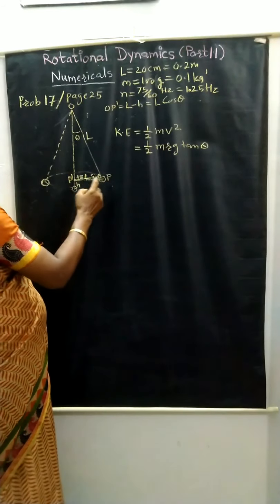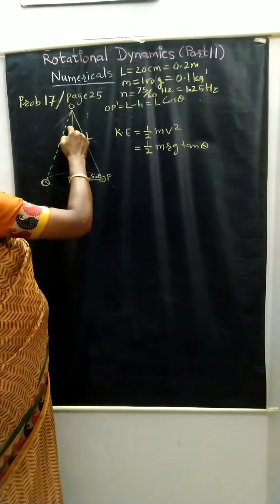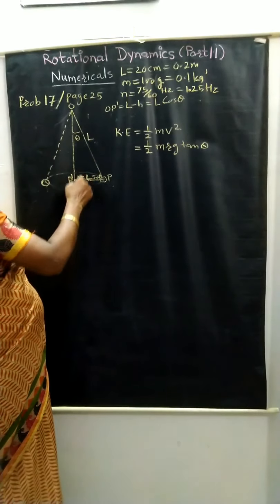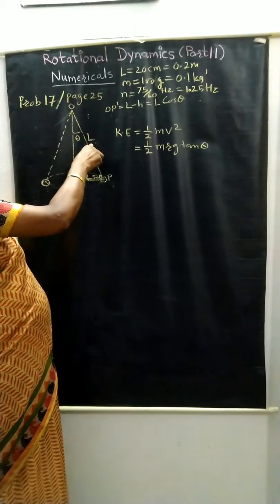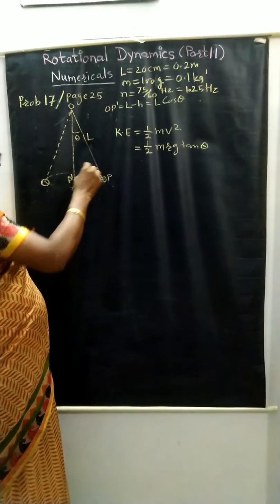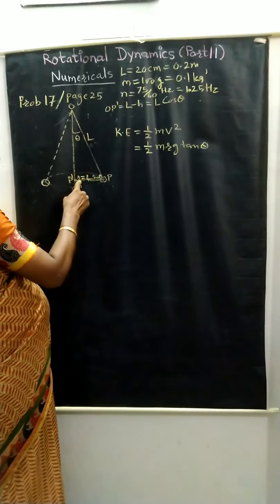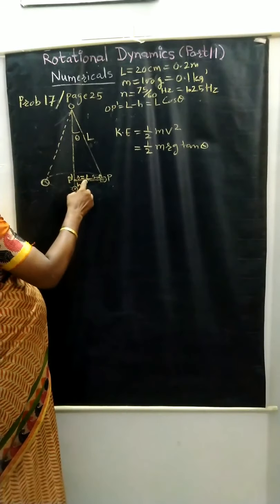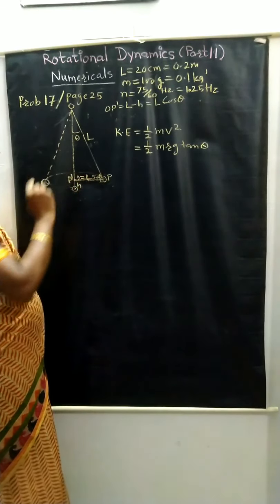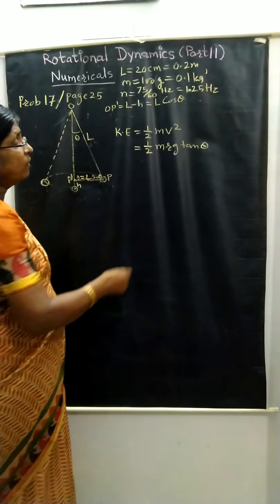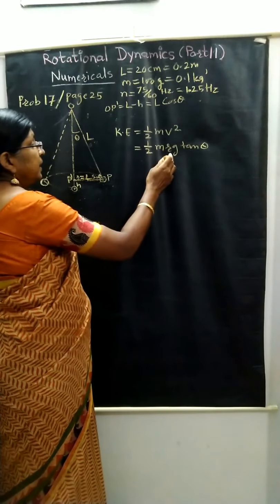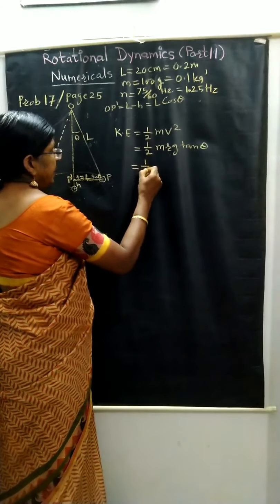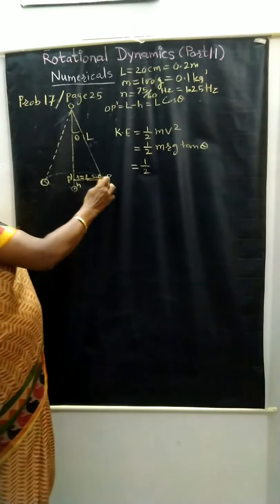Hence here R is the opposite side of angle theta and L is the hypotenuse, or length of the string. Therefore this side, that is the radius of the circle, comes out to be L sin theta. So instead of this R, let us replace it by L sin theta.